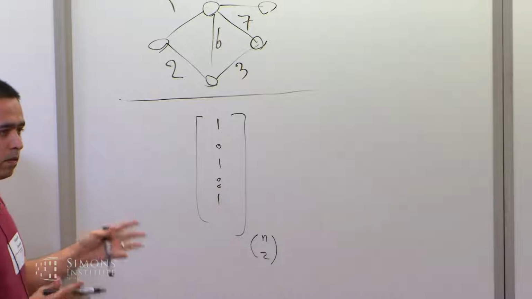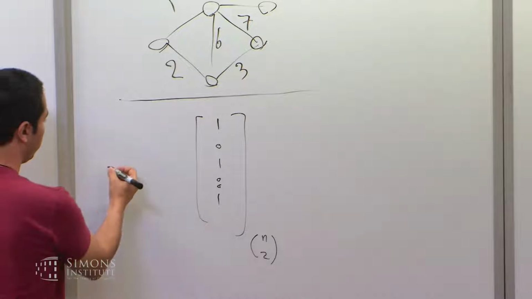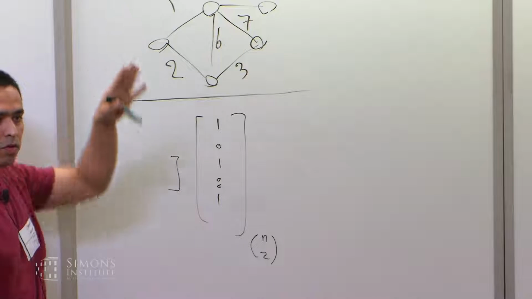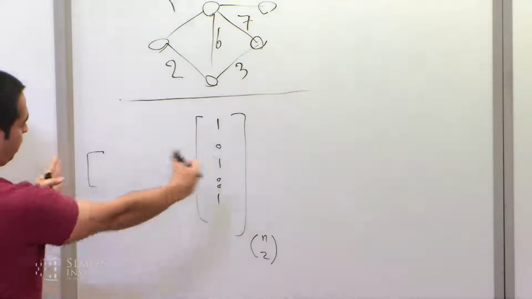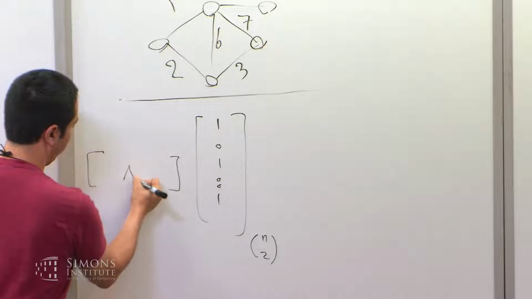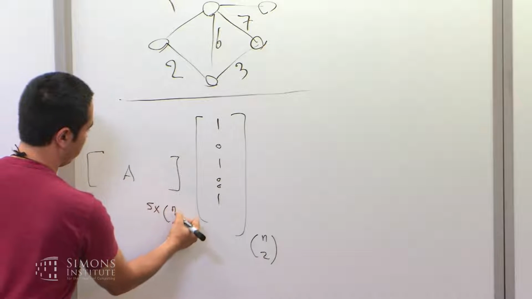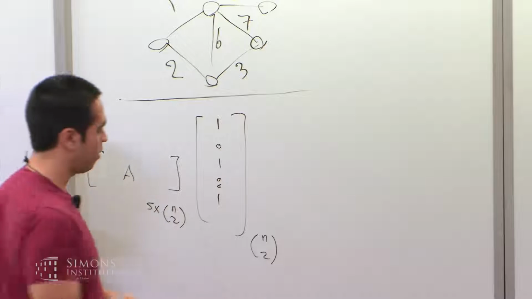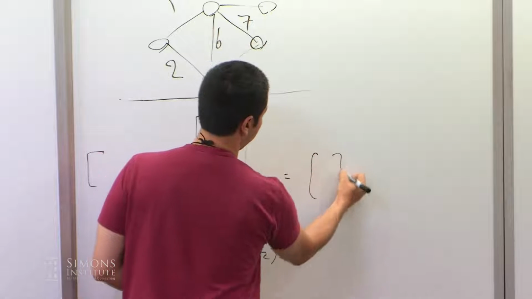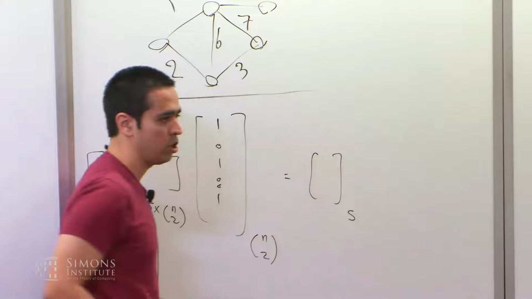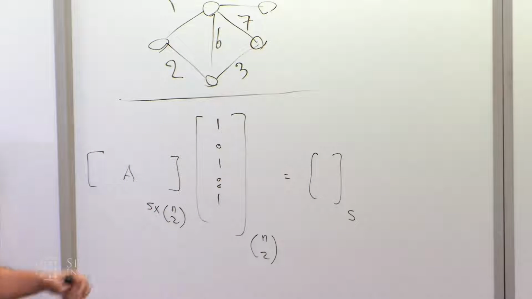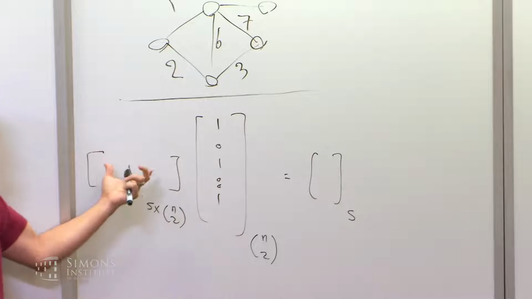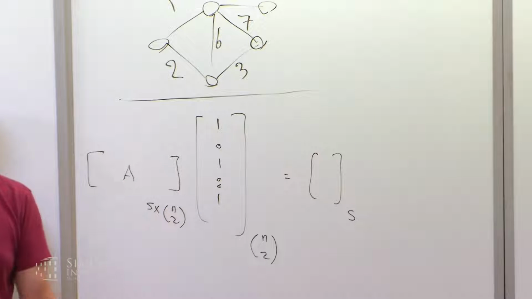A sketching algorithm does the following. You pick a matrix A. This is a very tall vector, and you multiply it by a fat matrix A of size S times n choose 2. When you do the multiplication, you get a smaller vector of dimension S. Because this is integer, the bit representation of A should also be small.